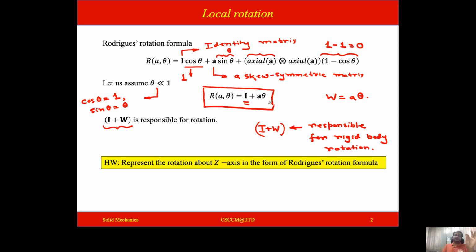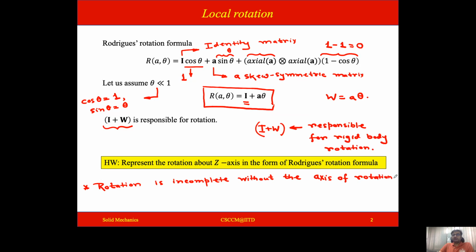Whenever there is a rotation, you have to tell me that the rotation is taking place about which axis. So let me write it down here: rotation, or definition of rotation, is incomplete without the axis of rotation.